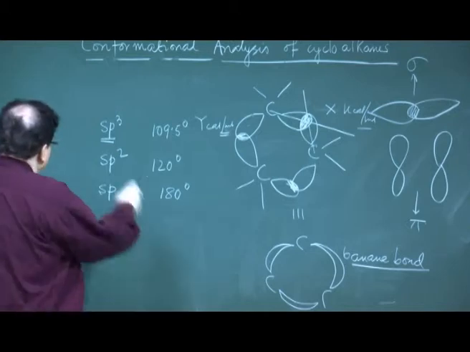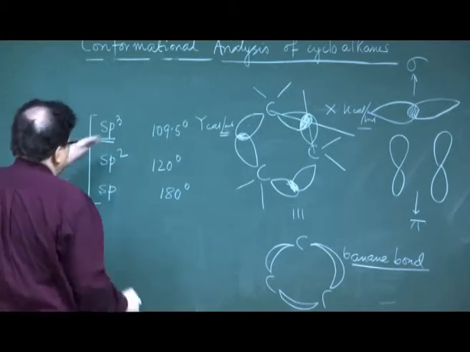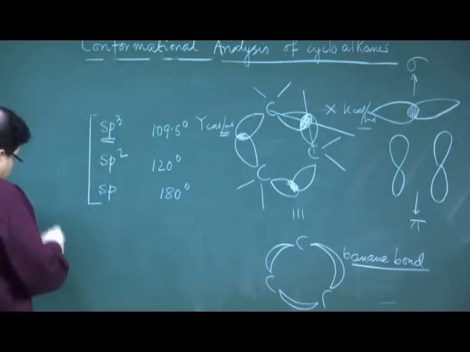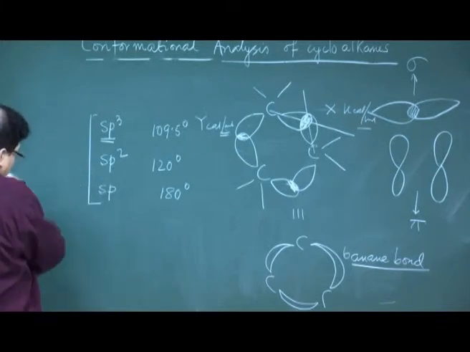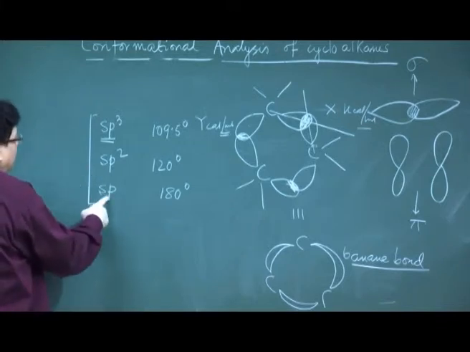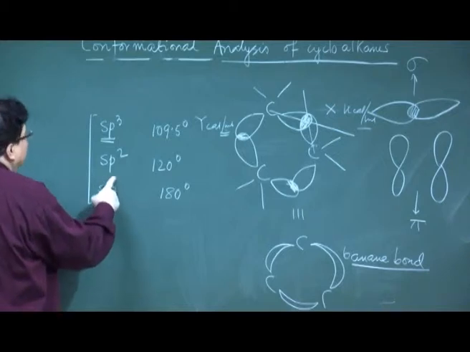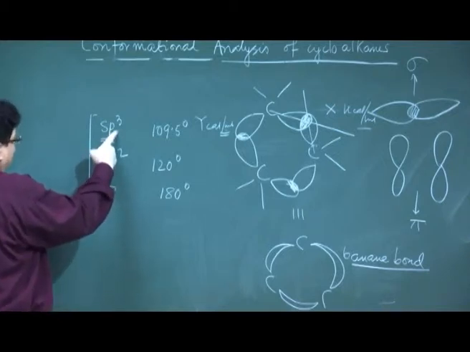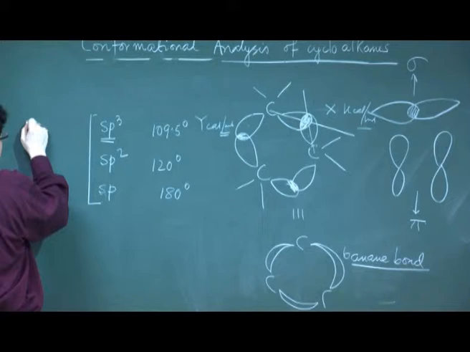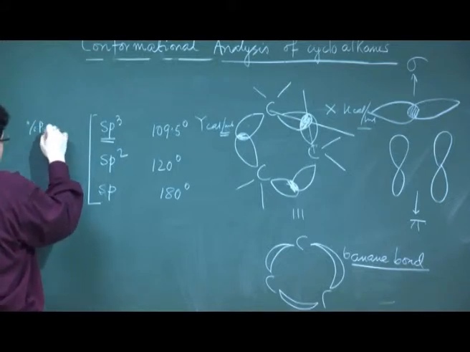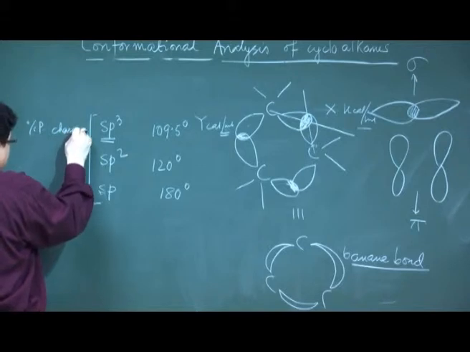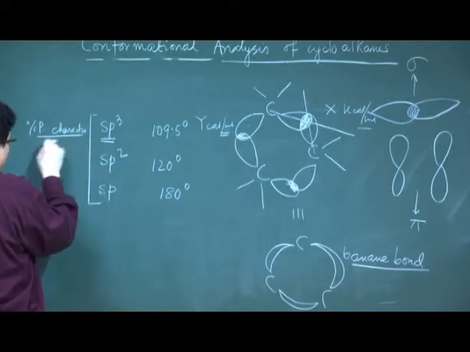So, what does it tell? That the percentage of p character in the hybrid orbital is highest here.